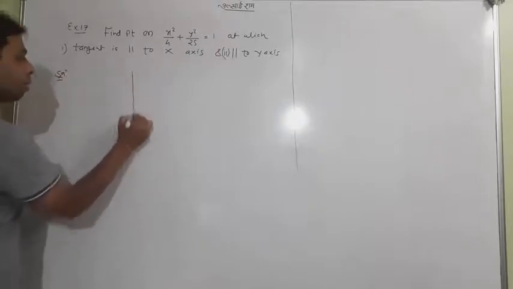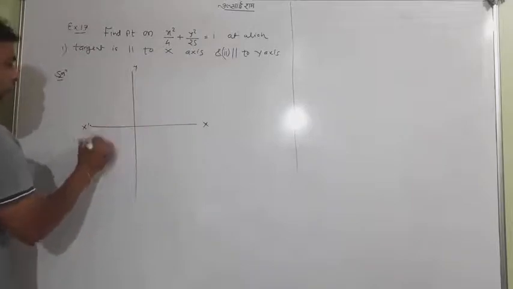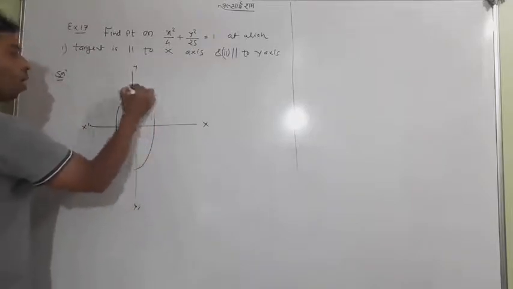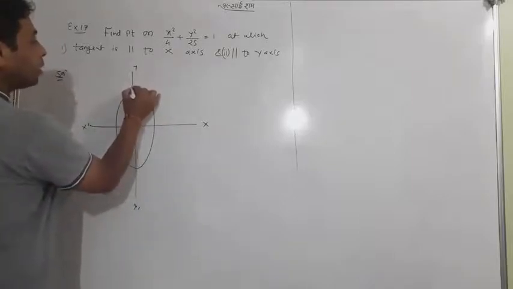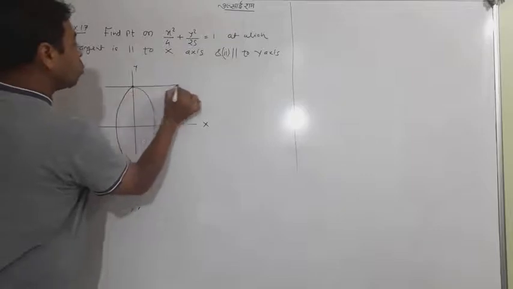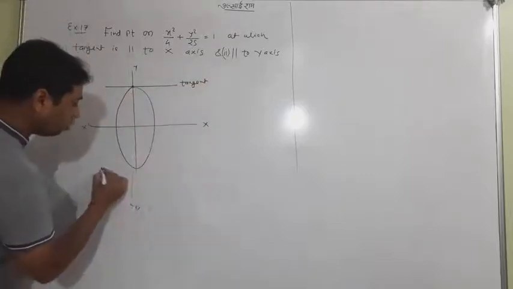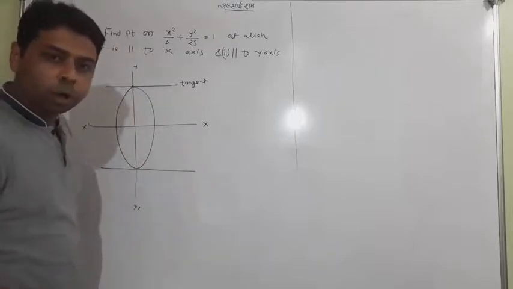We first make the actual ellipse. An actual ellipse is just like that. And we have to find the point at which the tangent is drawn, here and here also. But we cannot do the work on both tangents.